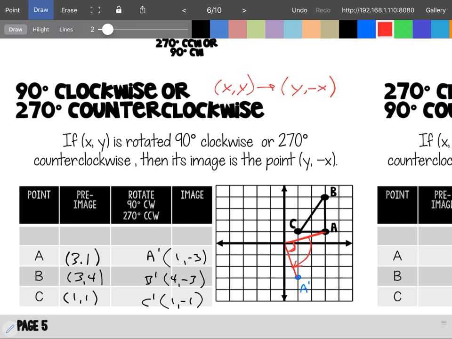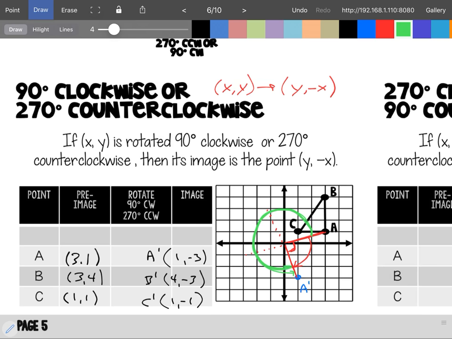And that would be the same as, if you kind of watch this, if I dotted this over here and up here, that's the same as going 270 degrees counterclockwise. Can you kind of see that?